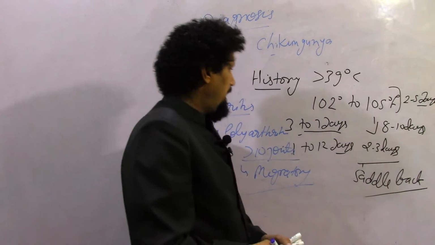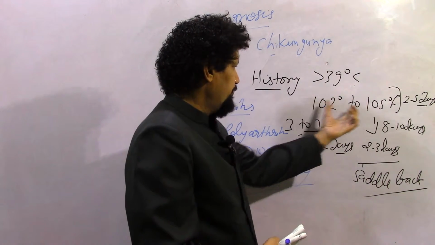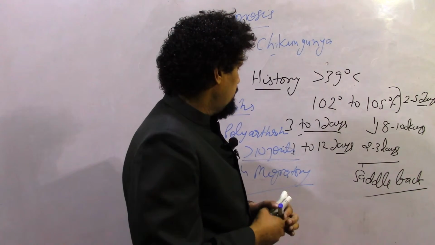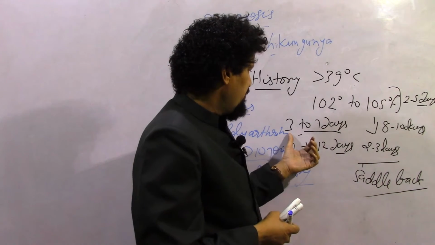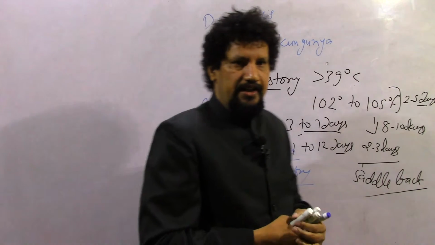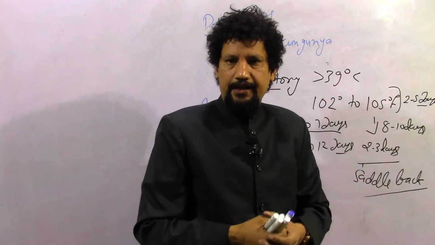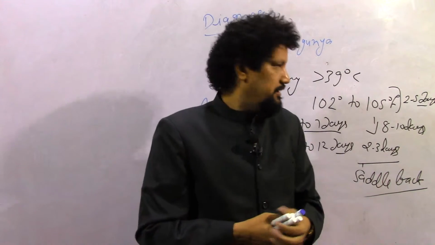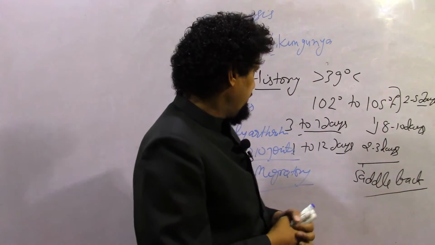So high grade fever from 102 to 105 degrees, or maybe 39 degrees or more centigrade. Incubation period, there is 2 to 5 days history of high grade fever with joint pain and morning stiffness, which improves with the physical activities.